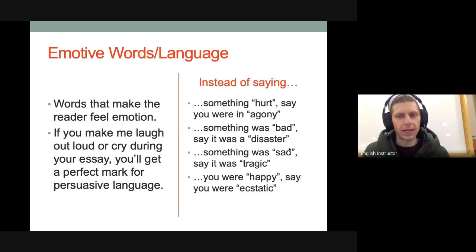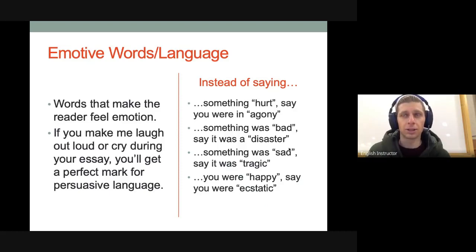And then we have the idea of emotive words and emotive language. Emotive just means things that evoke emotion, right? Emotive, emotion, kind of like the word emoji. It's things that we can use to convey emotion.